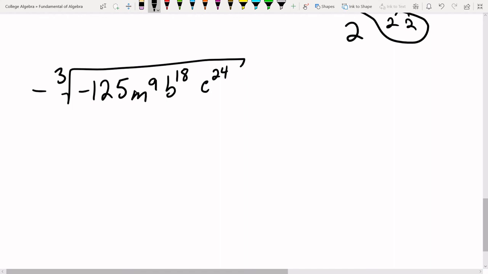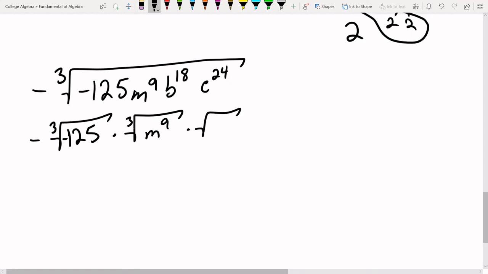All right, we can break this thing up. Negative 125, m to the 9th, b to the 18th, and c to the 24th. Now let's look at the number first.